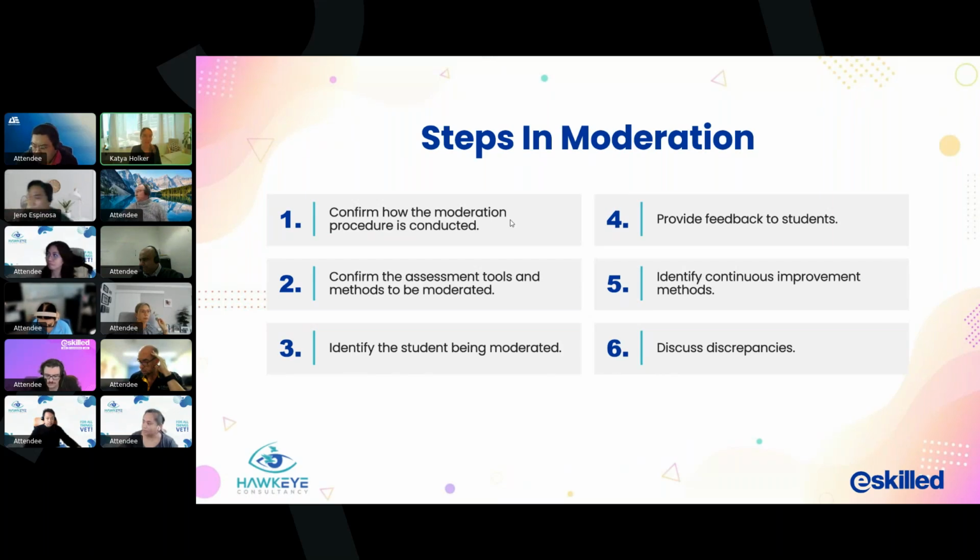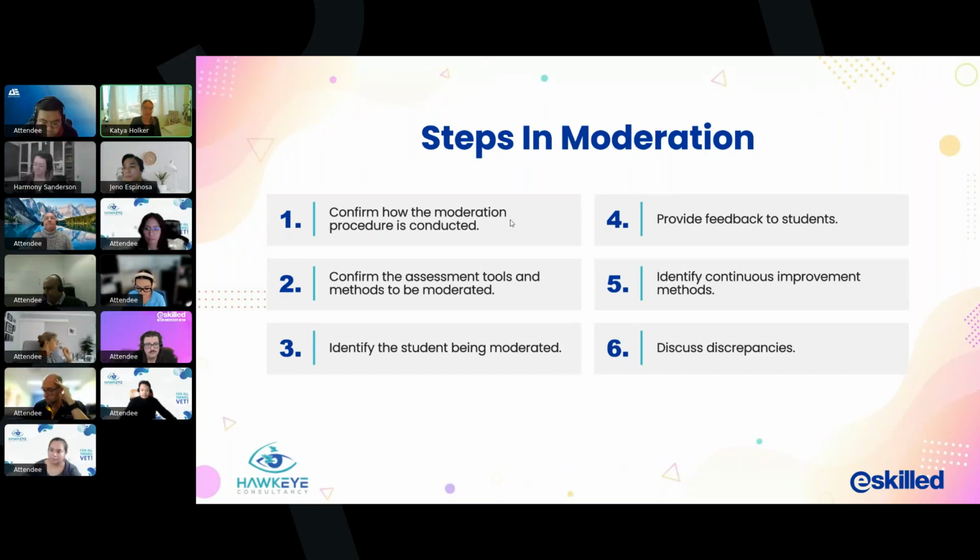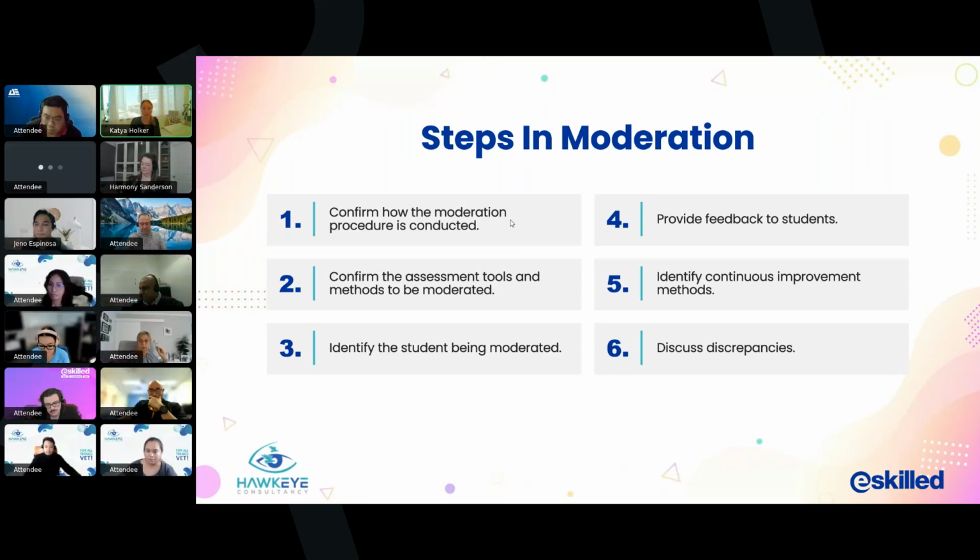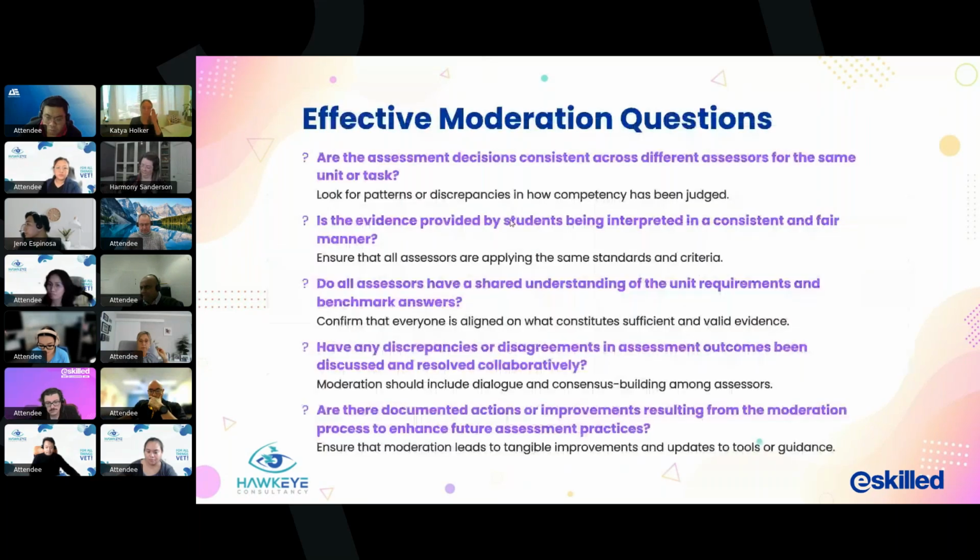If you've done all of that and you do identify some discrepancies, step 6 is really to make sure that you're discussing those discrepancies with either the student or the trainer. Maybe it's how they've marked it, but make sure that information is discussed and there's open communication between all parties involved.